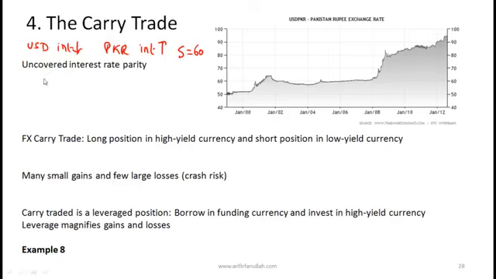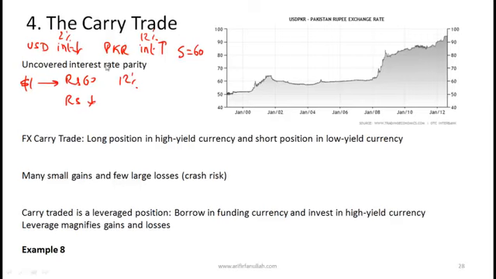So looking at it another way, if an investor takes a dollar, sells that dollar to buy rupees, he will get rupees 60, and if the investor then invests at the relatively high interest rate, let's say that the rupee interest rate is 12%, and the US dollar interest rate is 2%, according to uncovered interest rate parity, what's going to happen is over 1 year, or over whatever period of time, even though the investor can earn 12% on the rupee, the rupee is going to lose value relative to the dollar, and that loss in value will essentially balance out this interest rate differential. So that's what uncovered interest rate parity says.